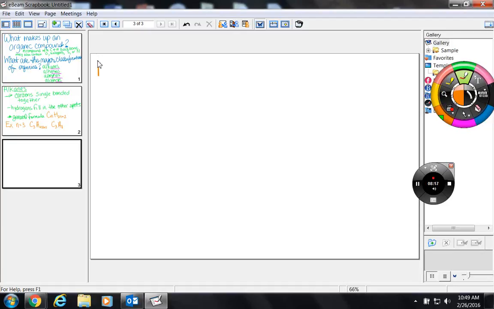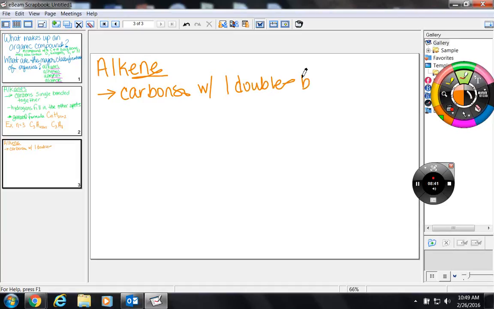So, an alkene is carbons with one double bond in the backbone.